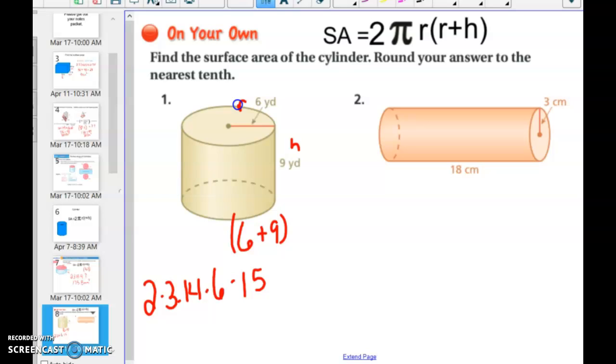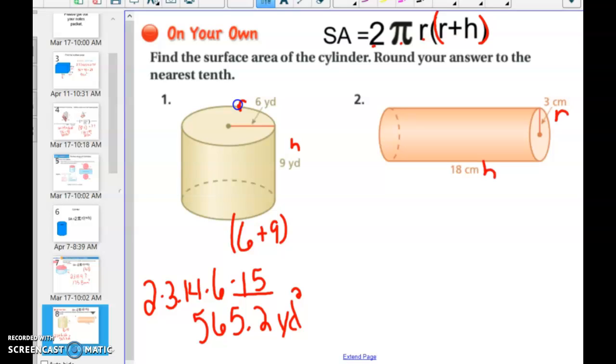So 2 times 3.14 times 6 times 15 gives me my surface area of 565.2 yards squared. One mistake that I do notice that sometimes students make is they multiply those two numbers, but then for some reason they think they have to add that 15, but no. You multiply 2 times pi times radius times the answer of radius plus height there.